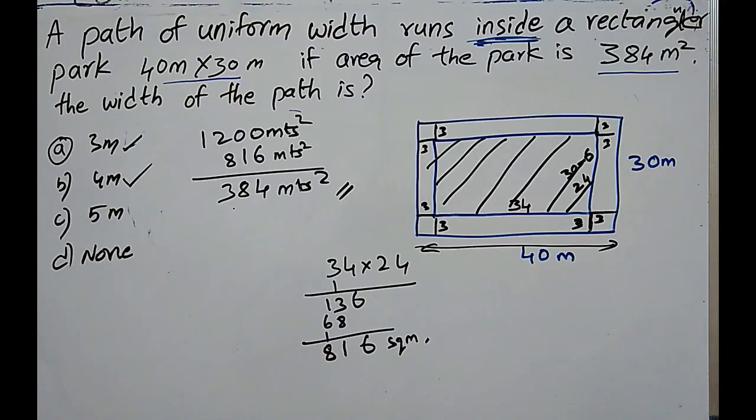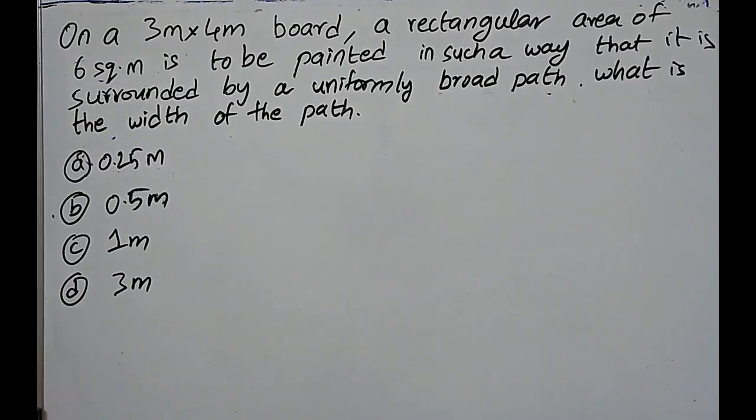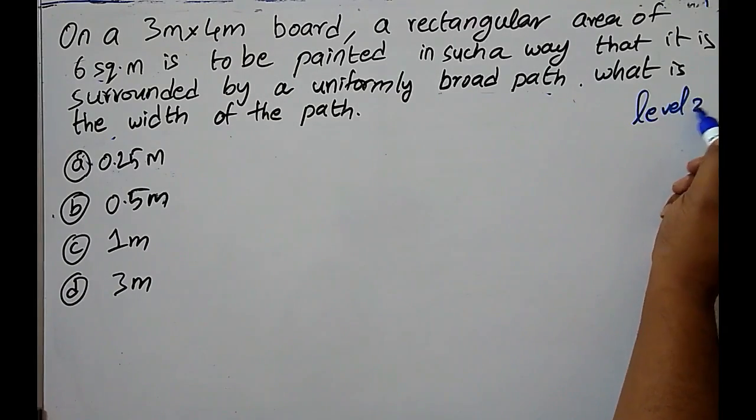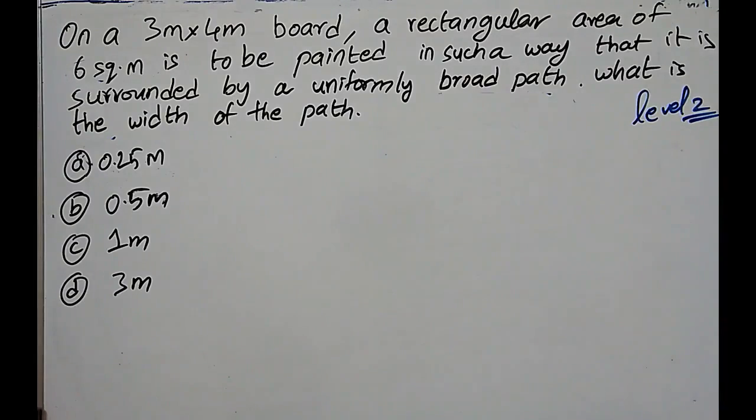And this is very easy if we do it in this way. This is a similar problem, but a little bit different. This is also of level 2, but see how easy it is to solve. Let us see.